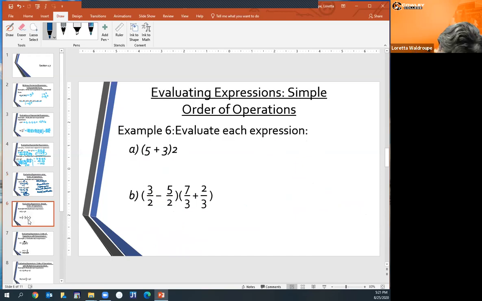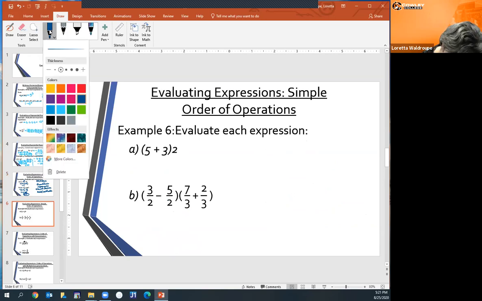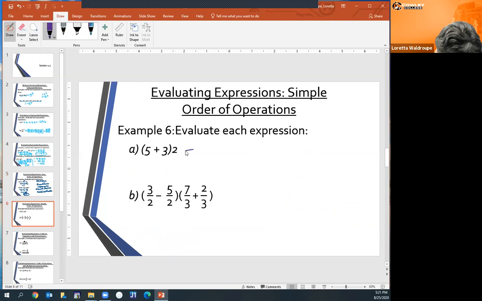Okay, what's on this one? You can simplify what's in the parentheses first. So 5 plus 3 is 8, and 8 times 2 is 16.